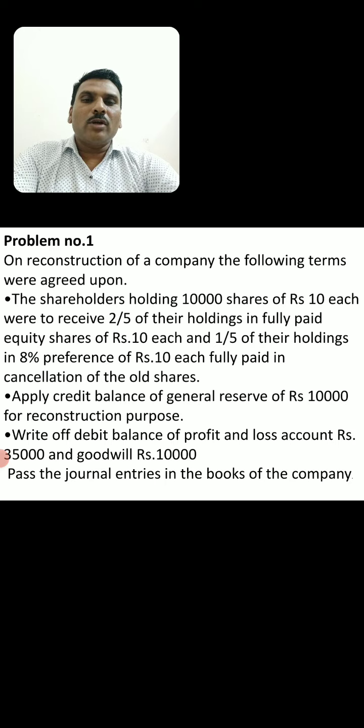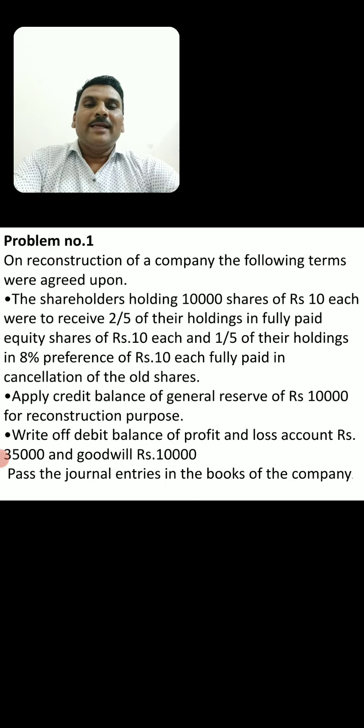On reconstruction of the company, the following terms were agreed upon. The shareholders hold 10,000 shares of rupees 10 each. Here, the old share capital is 10,000 shares of rupees 10 each, means 1 lakh. The equity shareholders will issue 2/5 of their holding in fully paid equity shares of rupees 10 each.